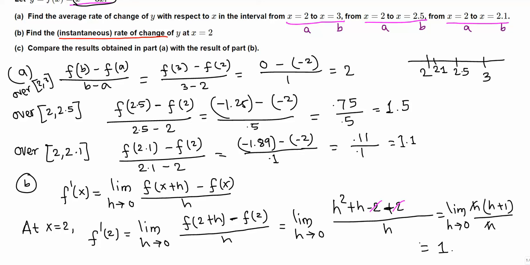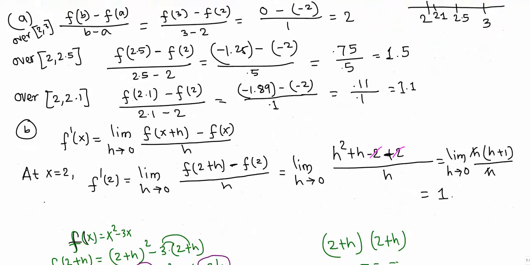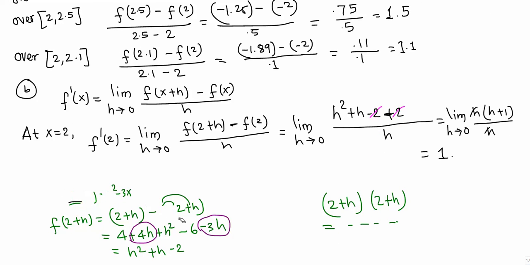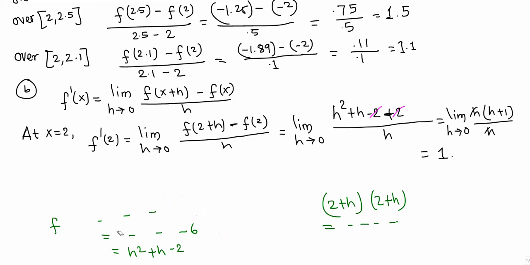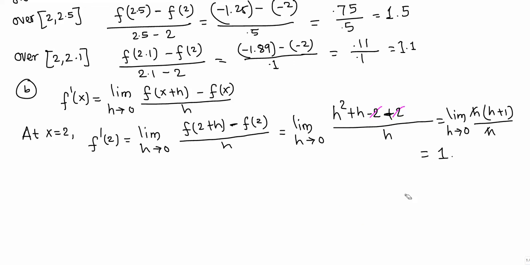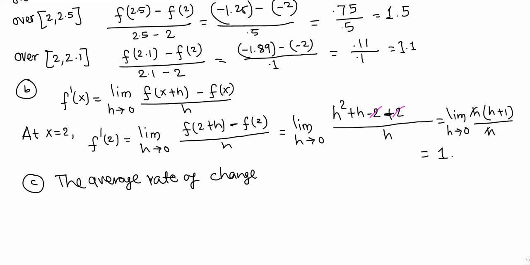Okay, so we don't have to do anything for part C. You can say for part C, the values in part A are approaching the instantaneous rate of change found in part B. The average rates of change are approaching 1.